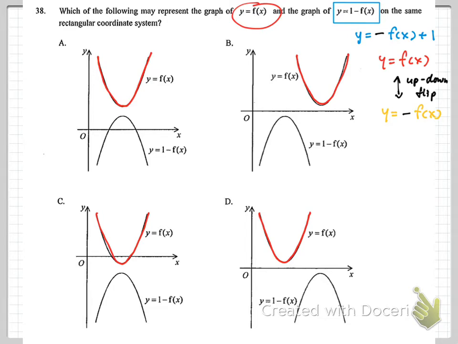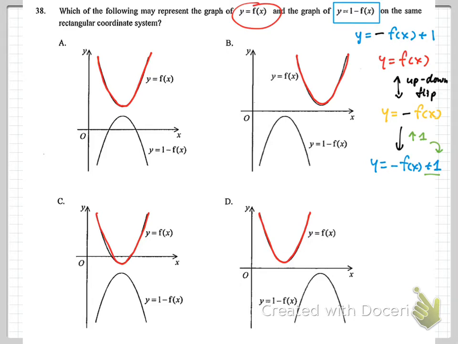You take the yellow one and add 1 to it, you move it upwards by 1 unit, so it becomes the blue graph, y is minus f(x) plus 1. That plus 1 is moving upwards by 1 unit. So that is the entire story: you take the red curve, do an up-down flip, and move it upwards by 1 unit.